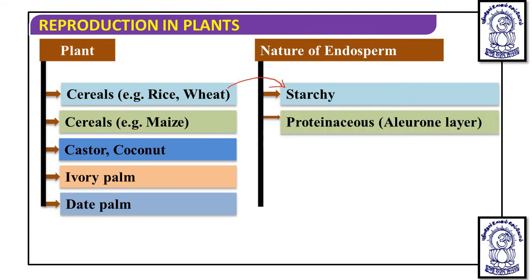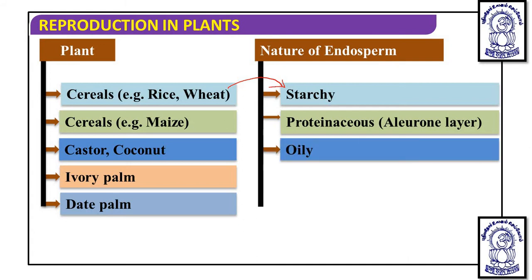Whereas in maize, which is a monocot, like rice and wheat, you will find that the nature of the endosperm is proteinaceous. In the same way, in castor and coconut, we will study coconut as well, a particularly oily endosperm is found.